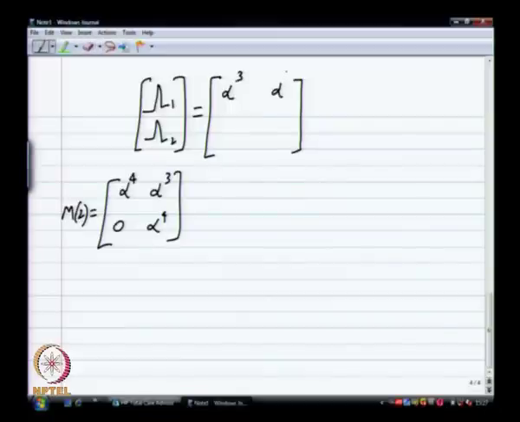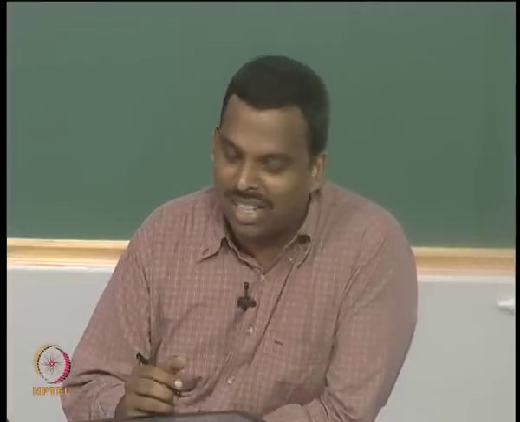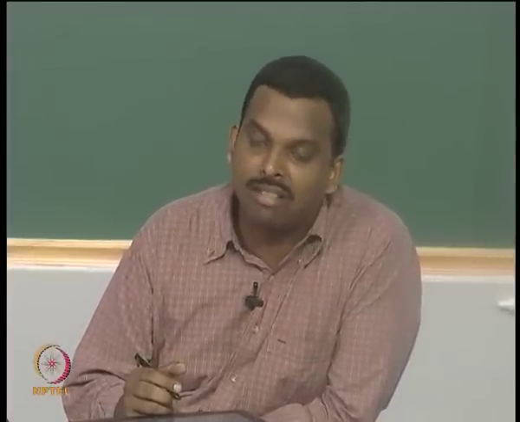Alpha square, 0, and really there should be something else. 1 by alpha we have already done, but 0 and alpha square have to be swapped. Are you happy? It's easy to check that it is the inverse. You just multiply the two matrices and see if you get I. You can check that you will get I. So, this is a valid inverse.